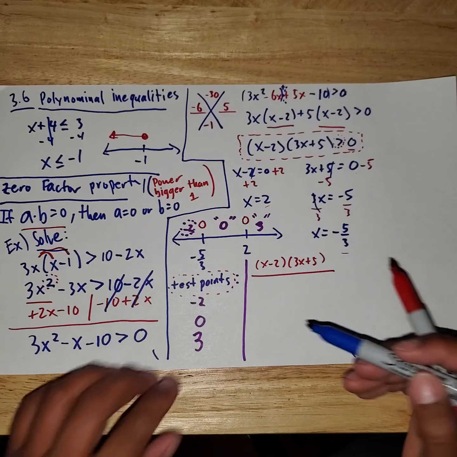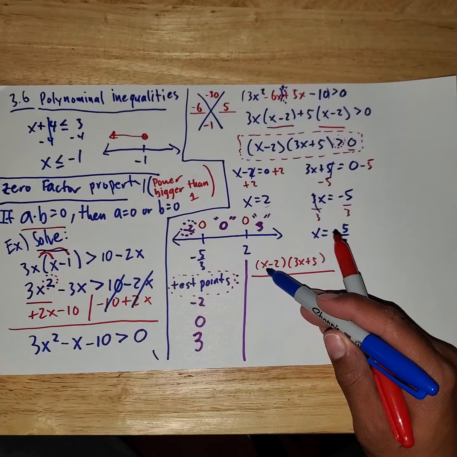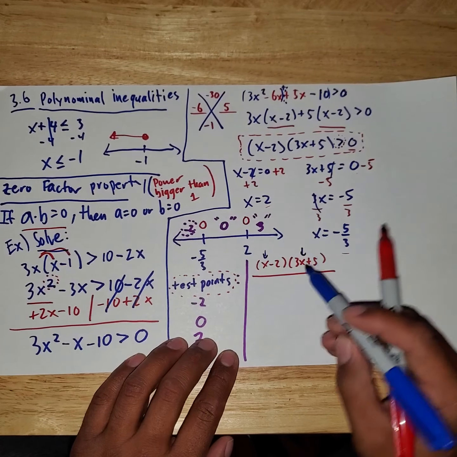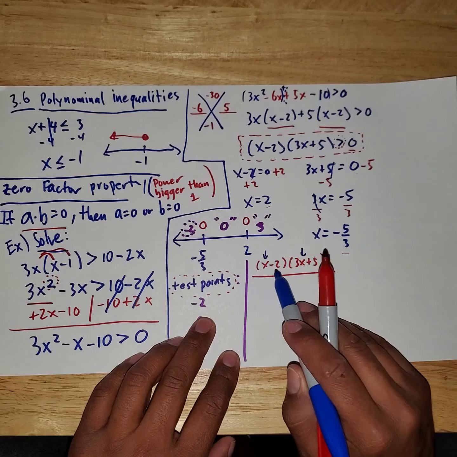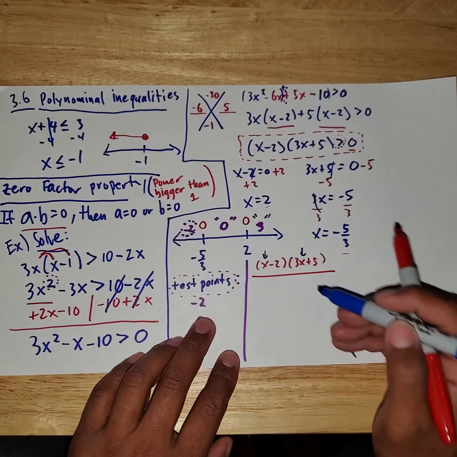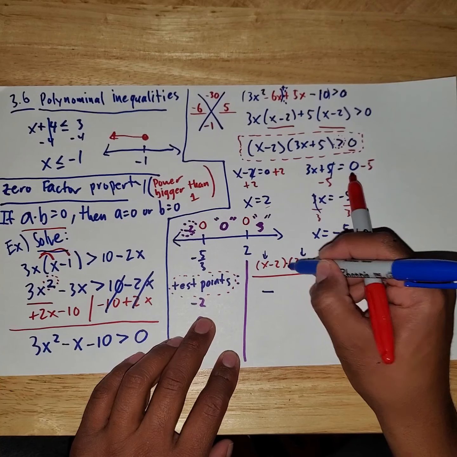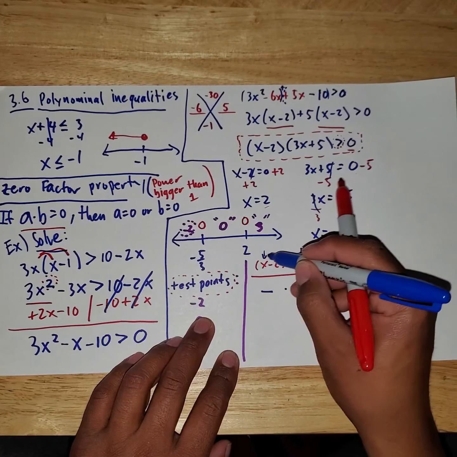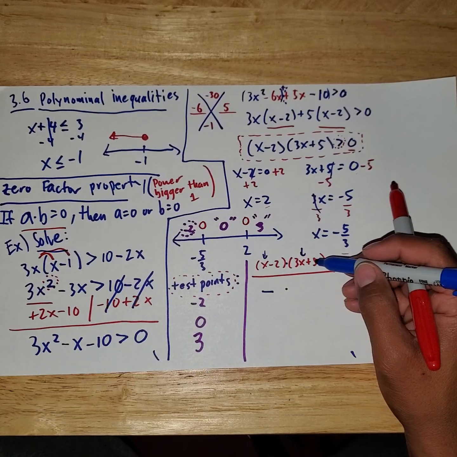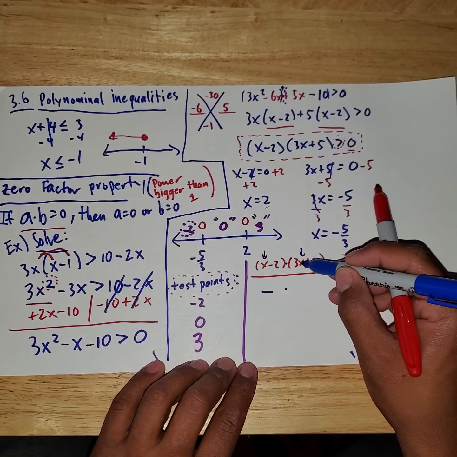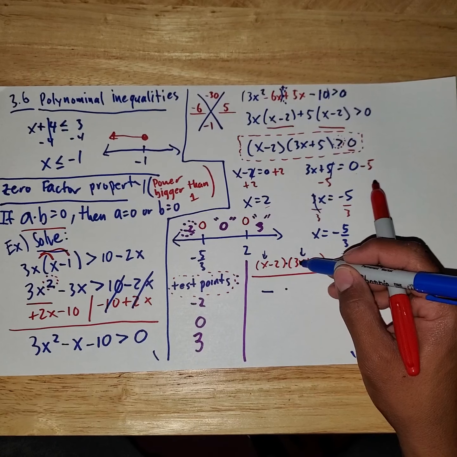So if I plug in this -2 in here, so remember we're plugging into our x's. I know -2 minus 2 is going to still give me a negative number. But I know that whatever number I have here is multiplying with this factor. So when I plug in -2 in here, I know 3 times -2 gives me -6.